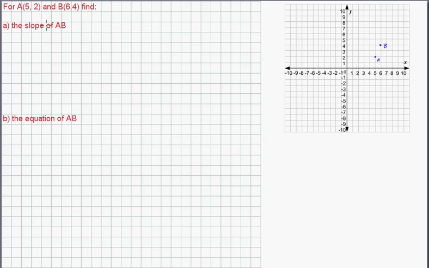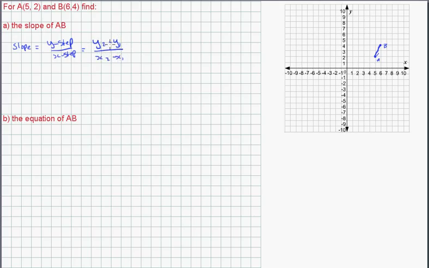So here it's asking about the line AB, which means the line segment which joins these 2 points. And we're trying to find out the slope, remembering the formula for slope, which is our y step over our x step, or y2 minus y1 divided by x2 minus x1.